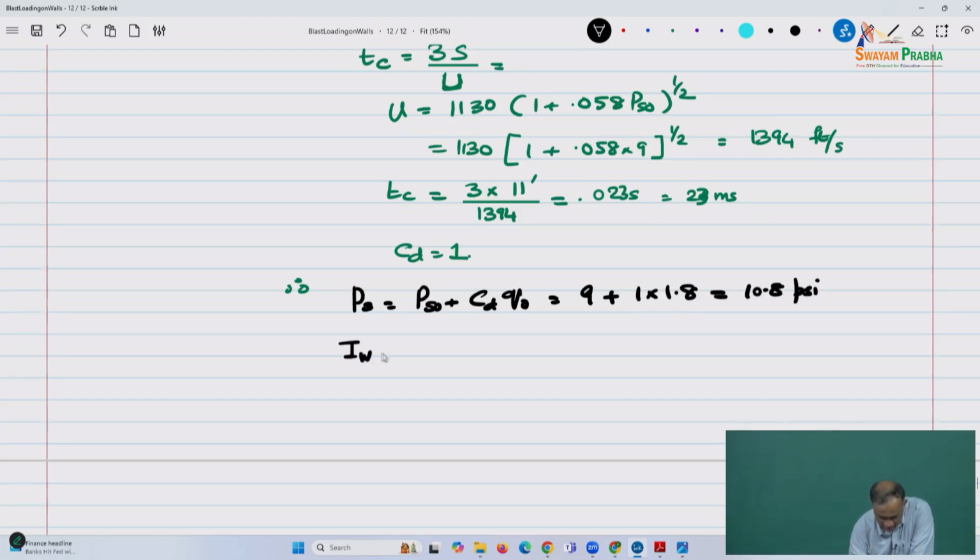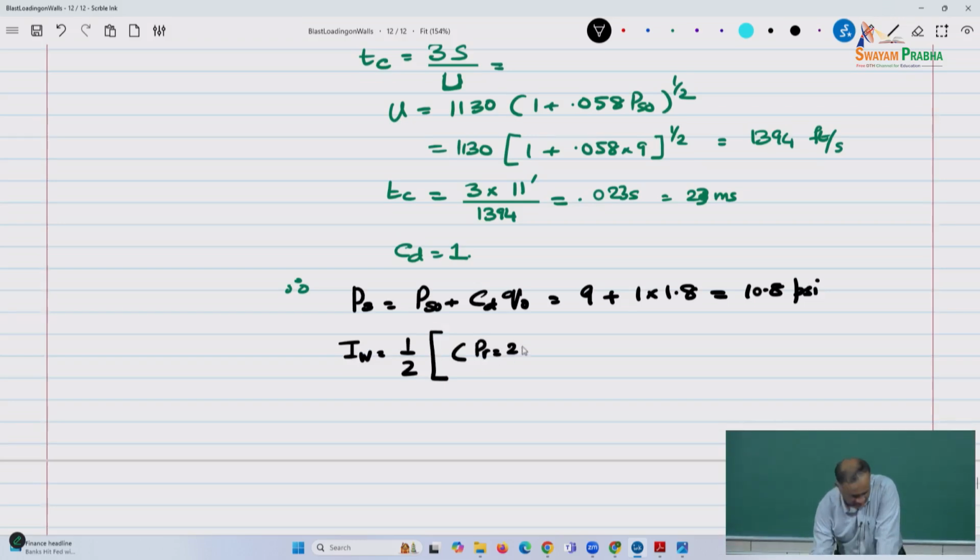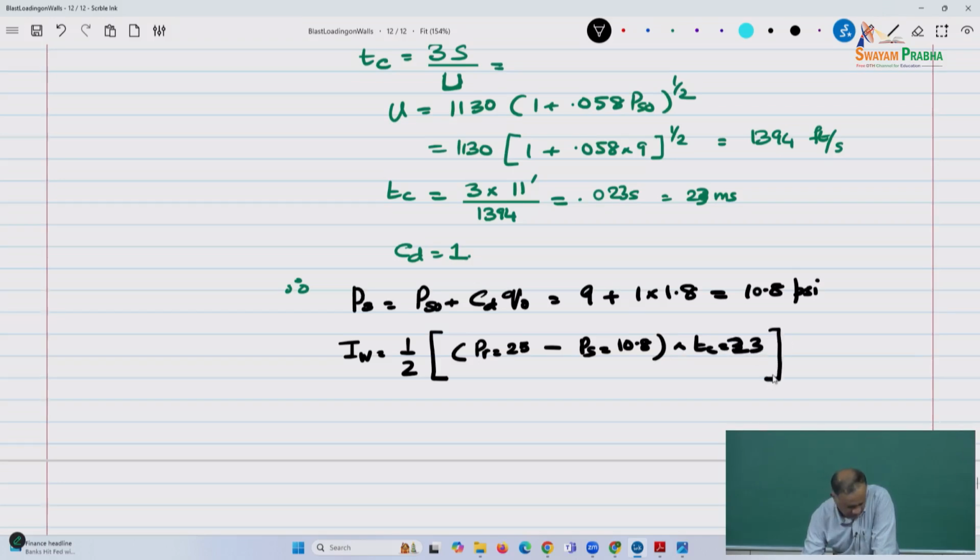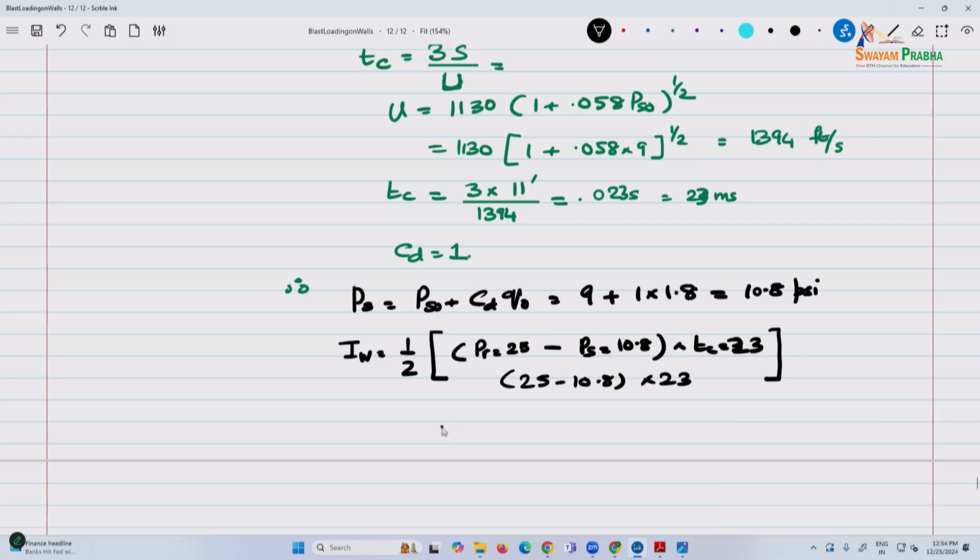So you calculate your IW, which is 1/2 PR, which is 25, minus PS, which is 10.8, multiplied by TC, equal to, TC is 23. So basically this is 25 minus 10.8 multiplied by 23.